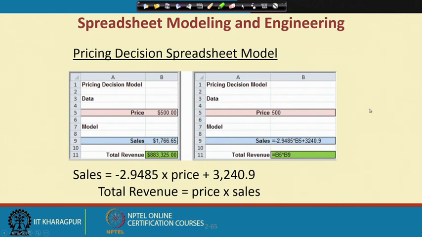So this is how pricing decision spreadsheet models work.